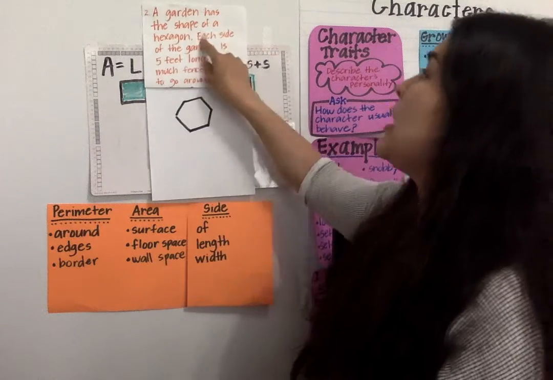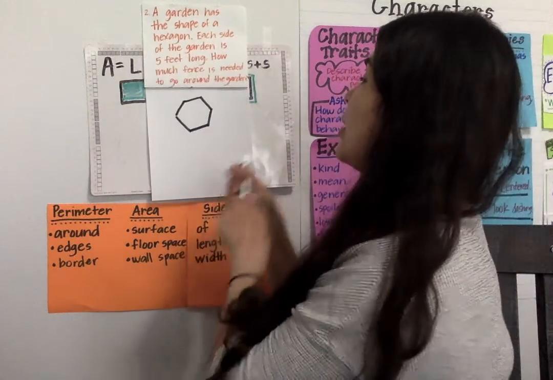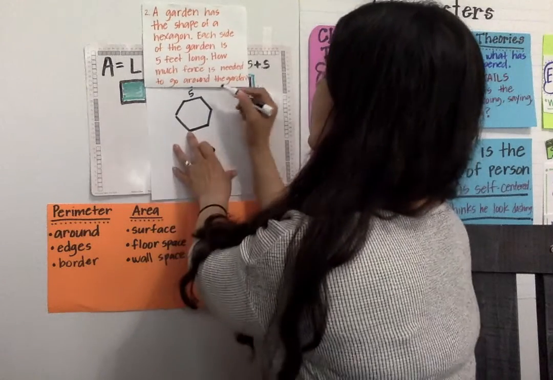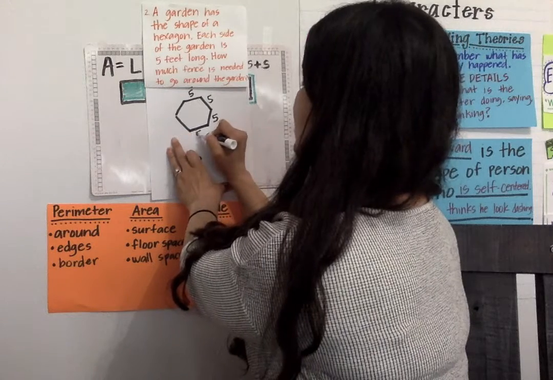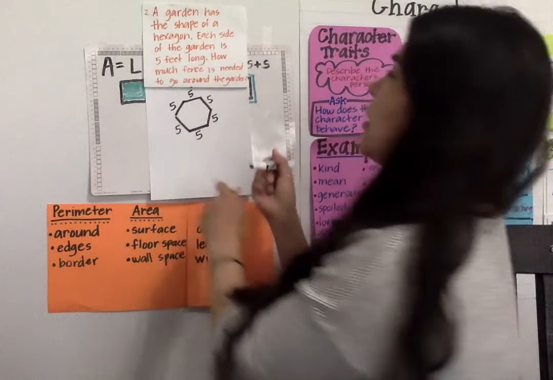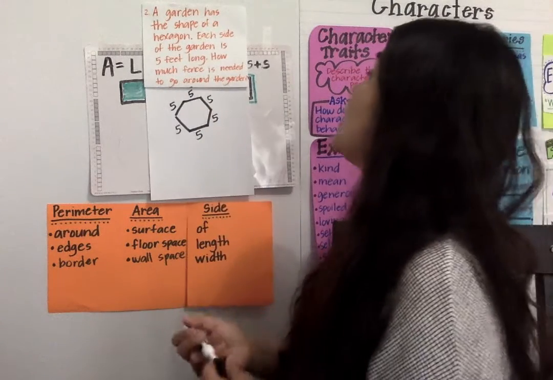And now it says each side of the garden is 5 feet long. So each side, I'm just going to write the number 5 next to each side. So I know I'm not looking for an unknown side because I know all the sides.